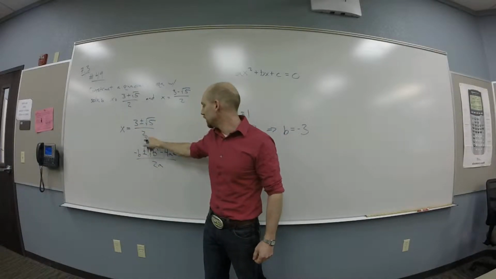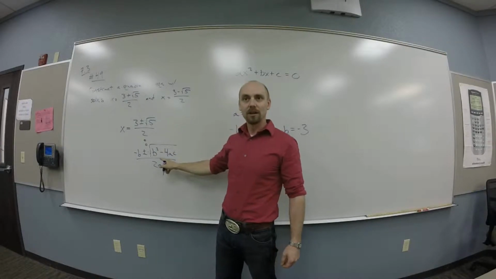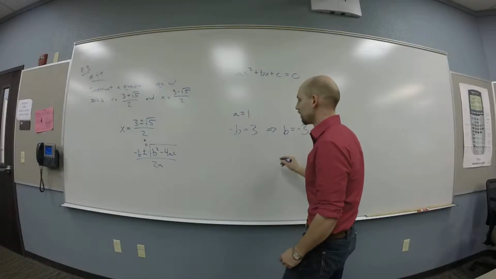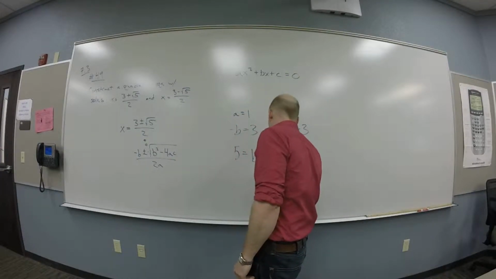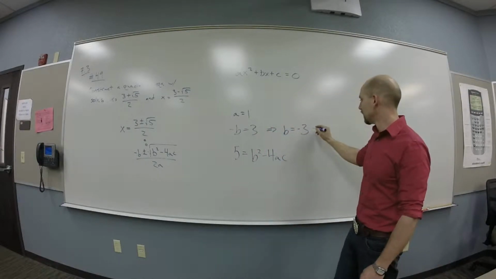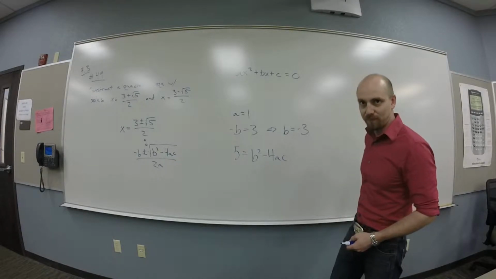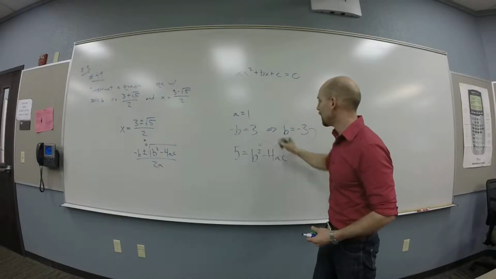3 had to be minus b, 2 had to be 2a, and 5 had to be this thing, right? And then he said, oh wait, we already know some stuff. So if 5 has to be b squared minus 4ac, right? I already know some of these things. This guy's going to have to go in for b.